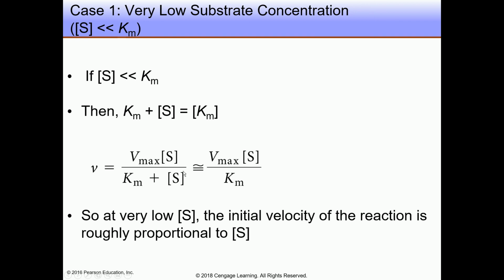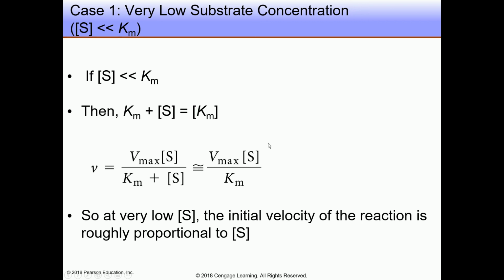So the relationship becomes V is equal to Vmax multiplied by S divided by Km.